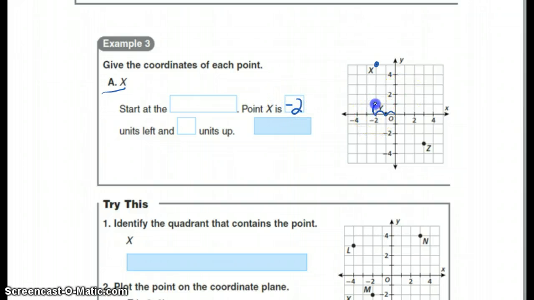Then I move 1, 2, 3, 4, 5 up. So I'm at 5. So the first number I found was -2. The second number I found was 5. And I always surround my coordinate pair with parentheses. And of course, I started always at the origin.